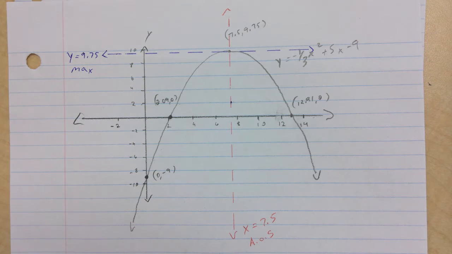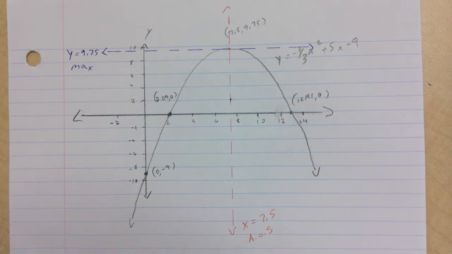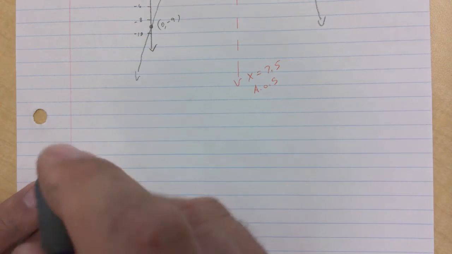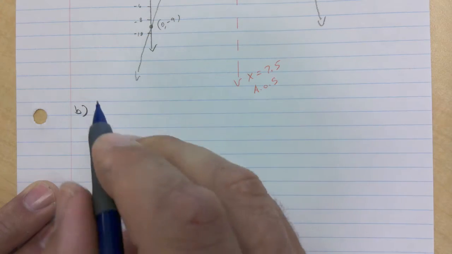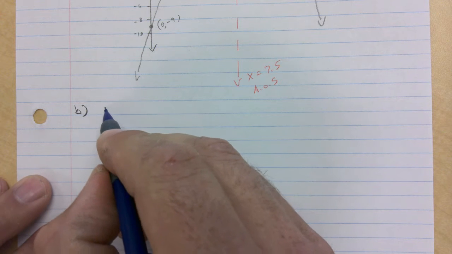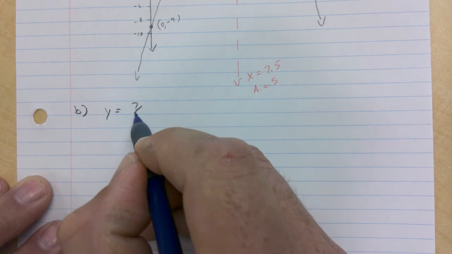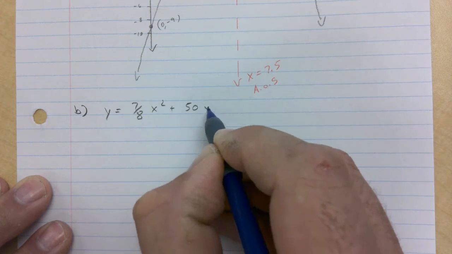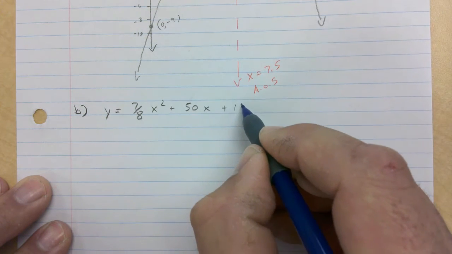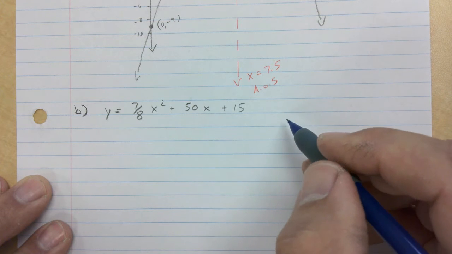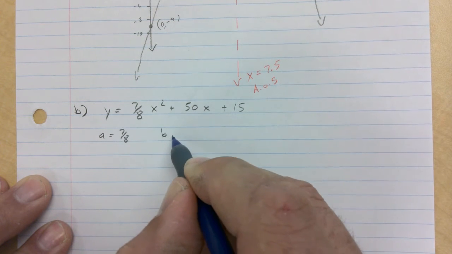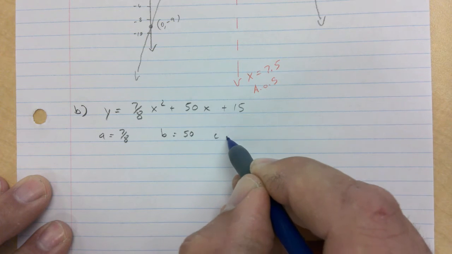How's this? Let's do the next one. Might be a little bit more challenging here. Okay, B. That one is y equals 7/8 x squared plus 50x plus 15. A is 7/8, B is 50, C is 15.